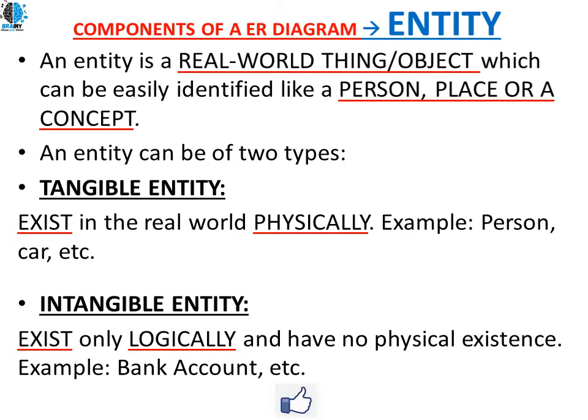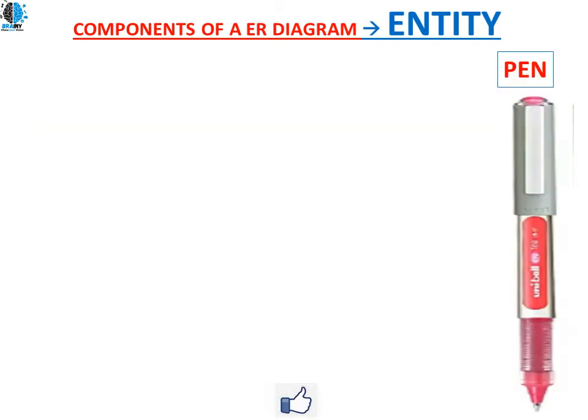So let's discuss more in detail about entity. Let's consider a pen. Pen is a physical object which you can touch and feel. It's tangible, so it's an entity. As we know, every pen will be having certain characteristics, such as name. Every pen will have a certain name, like Uniball, as you can see in the picture.